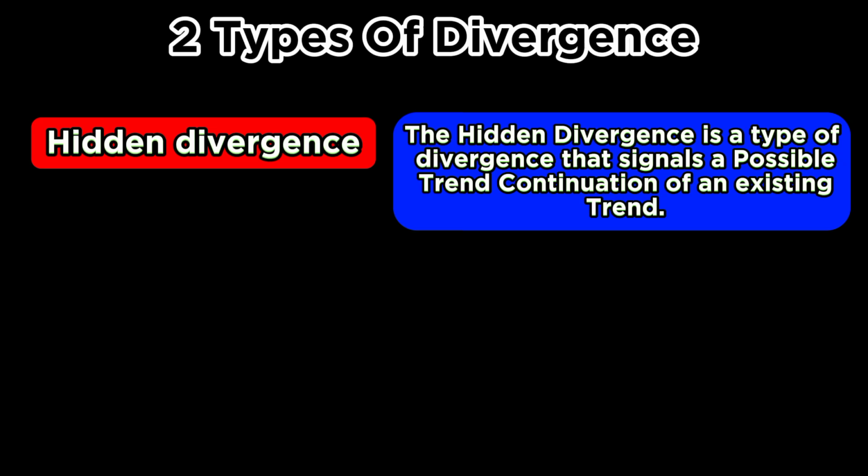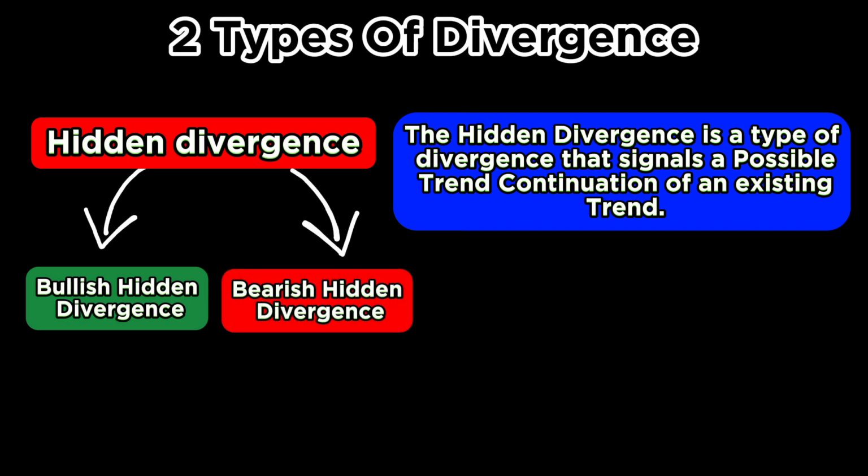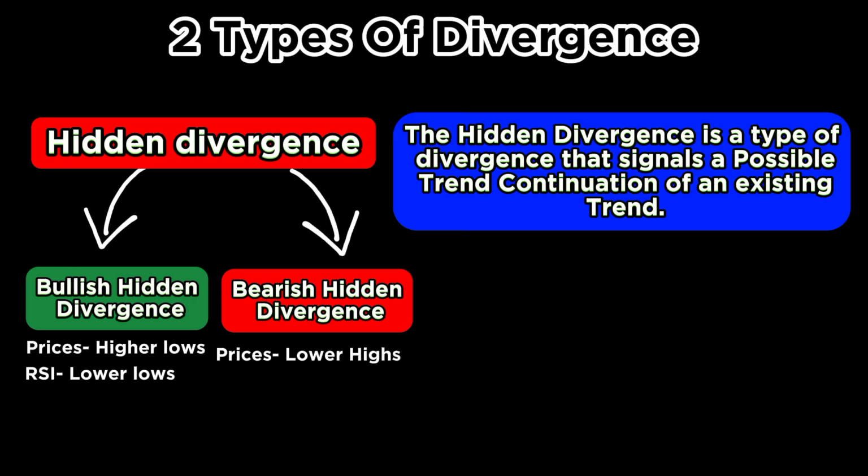And we have two types of hidden divergence: the bullish divergence and the bearish divergence. A bullish divergence forms when prices are making higher lows, while the RSI indicator is making lower lows. And the bearish divergence occurs when the price of the market is making lower highs, and the RSI indicator is making higher highs. So simple.